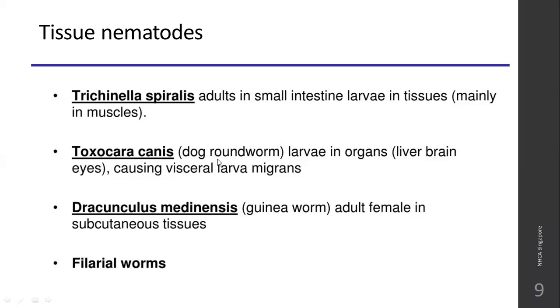Cutaneous larva migrans is one form, due to animal hookworm larvae. It causes intense itching at the site of penetration, like feet, leg, hand, buttock, wherever. Dermatitis will be there.